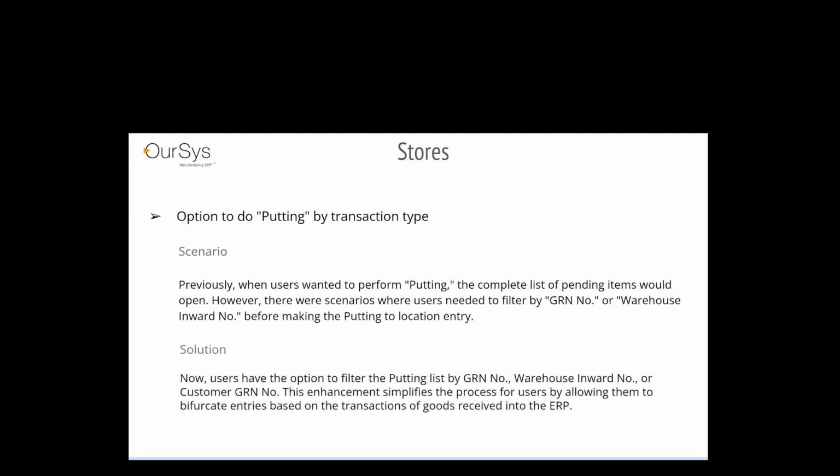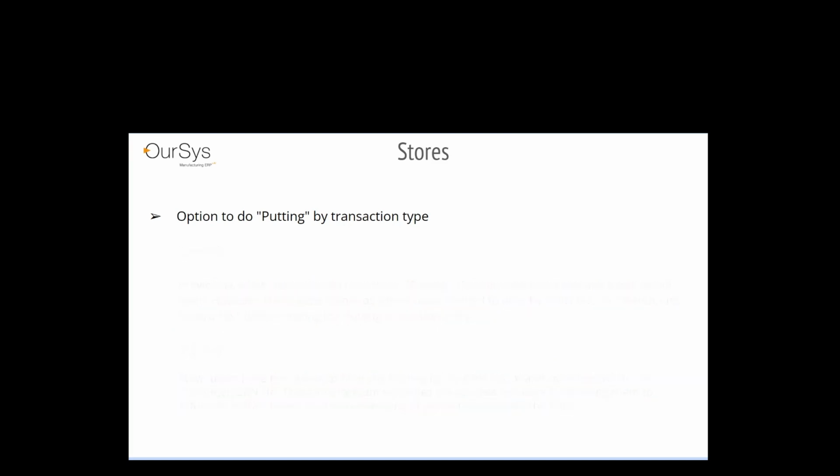So now a user has the option to filter the putting list by entering the goods receipt note number or the warehouse number. This simplifies their workflow while allowing them to categorize entries based on the transaction of goods related to OurSys.